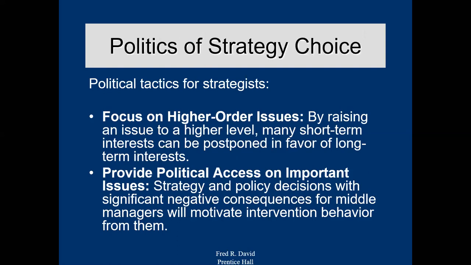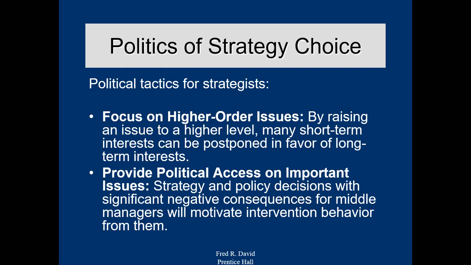The next very interesting tactic adopted by strategists is focus on higher order issues only. That means by raising an issue to a higher level, many short-term interests can be postponed in favor of long-term interests.